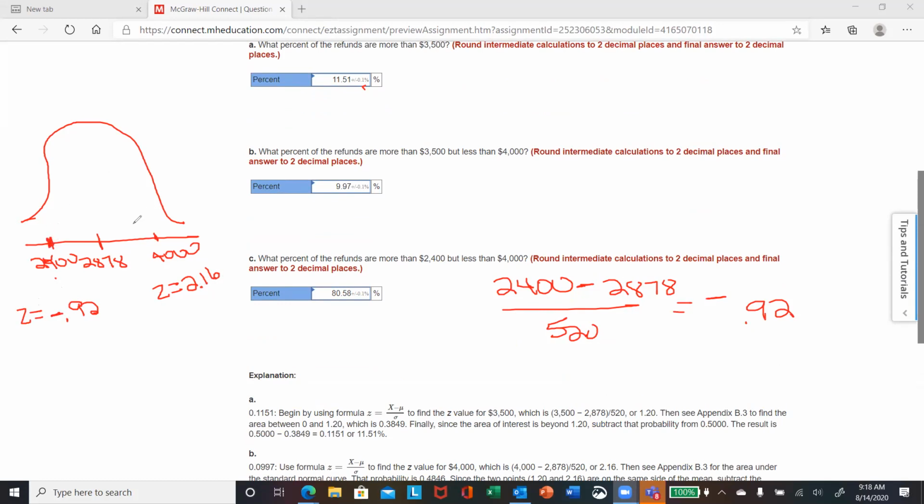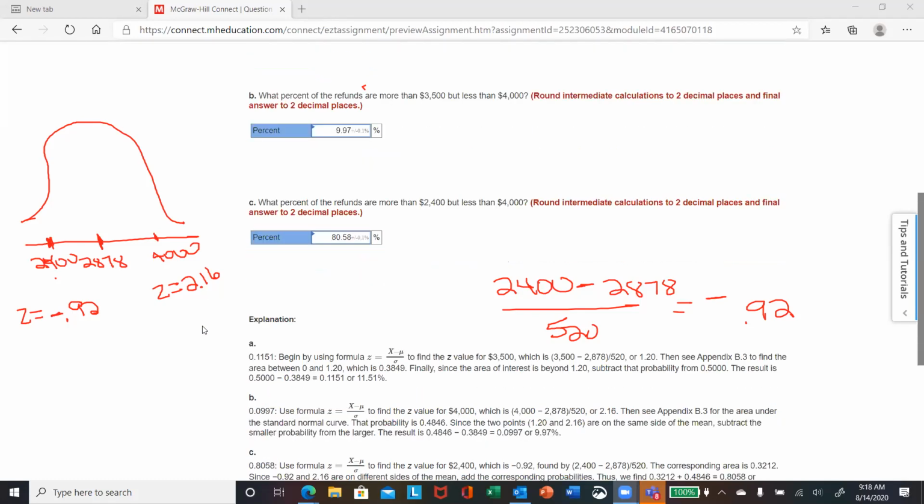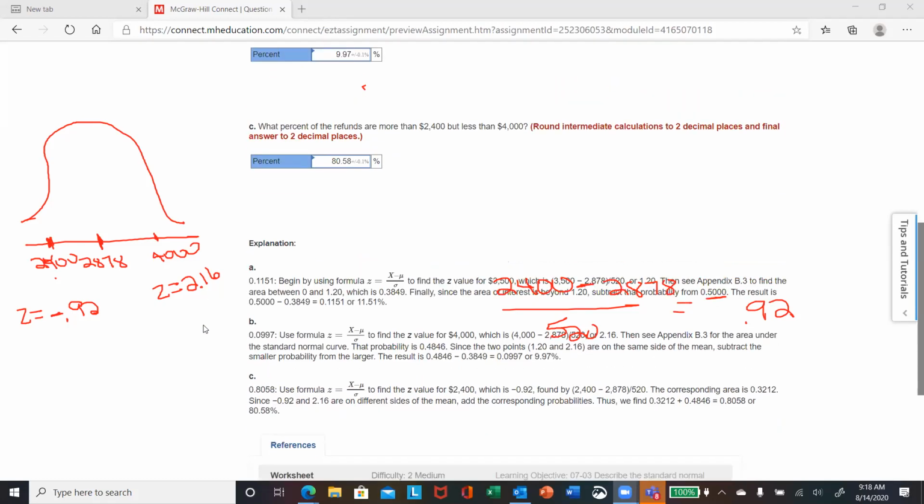There are several ways you can do this, but if you look up the 2.16, you look up the corresponding area for 2.16. I'm doing that right now. That's going to give me right at 0.4846.